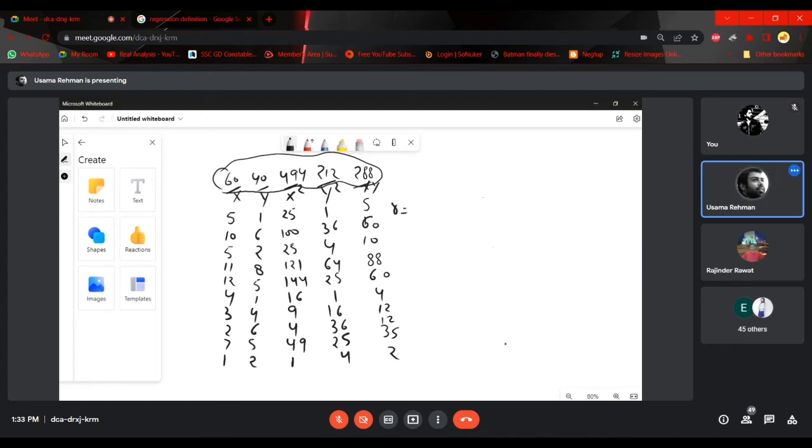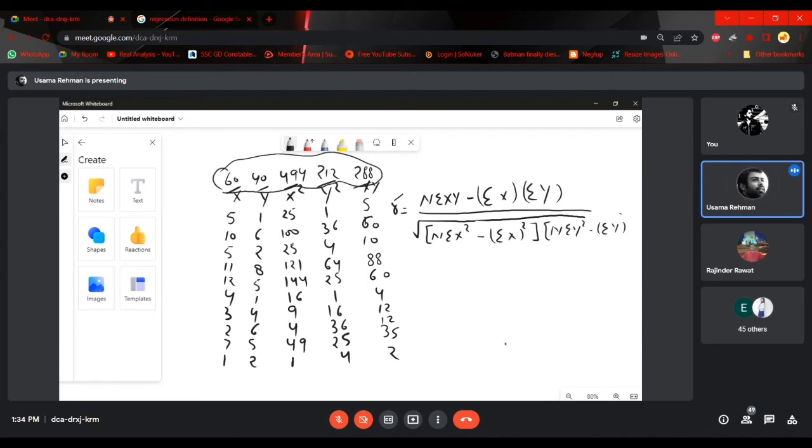R is equal to, R is coefficient of correlation, n summation xy minus summation of x summation of y, divided by under root n summation x square minus summation x का whole square, n summation y square minus summation y का whole square. This is the formula.